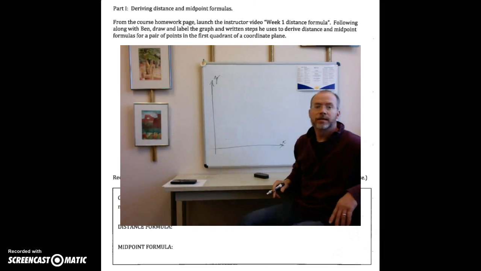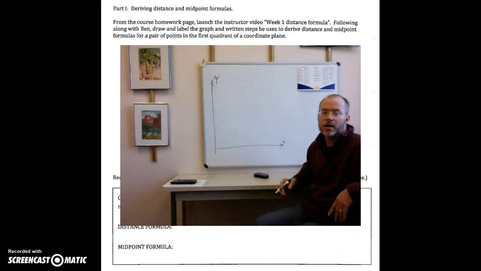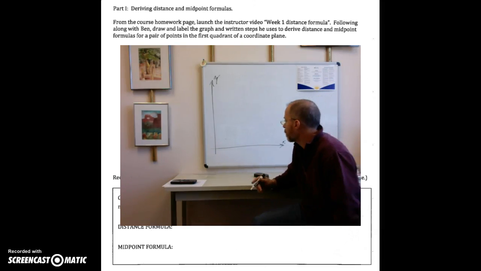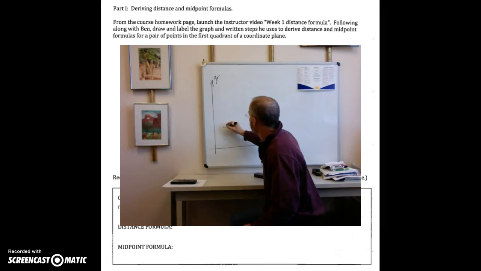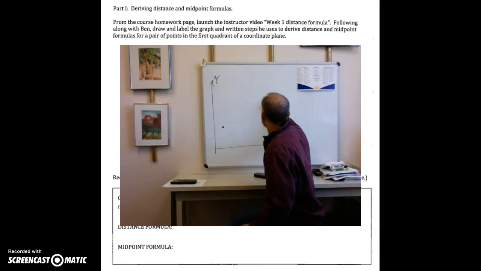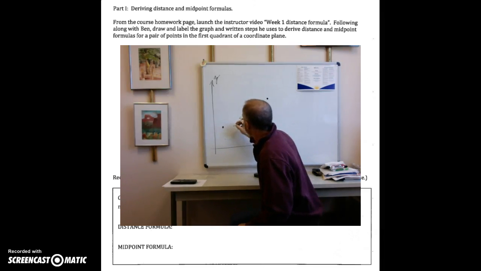Y-axis, x-axis. Honestly, this analysis works in any quadrant, but it's maybe easiest if you're thinking in terms of positive coordinates. And then just locate a pair of points, not in specific locations, just generically.